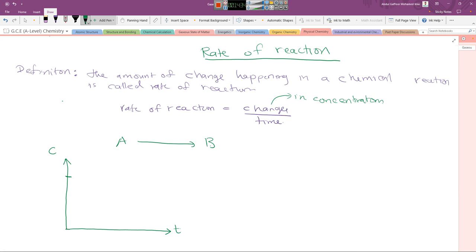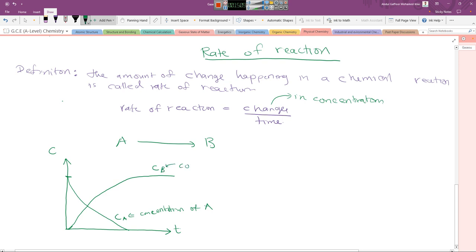With time, what will happen? Now A is converted to B. So the concentration of A will gradually reduce and ultimately it will reach 0. But with time, what will happen to the concentration of B? It will gradually increase over time, right? So this is the concentration of A, Ca, and this is the graph for Cb, concentration of B.